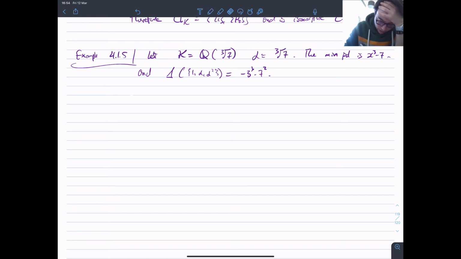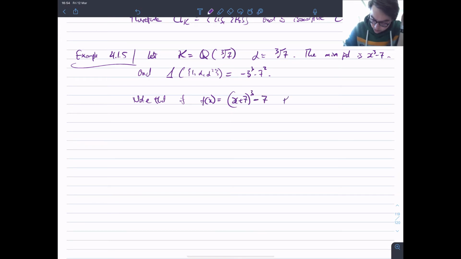But let's do the usual trick of changing variables to make this work. Note that if I take f of x to be (x plus 7) cubed minus 7, then f of x is going to be Eisenstein at p equals 3 and p equals 7 at the same time.